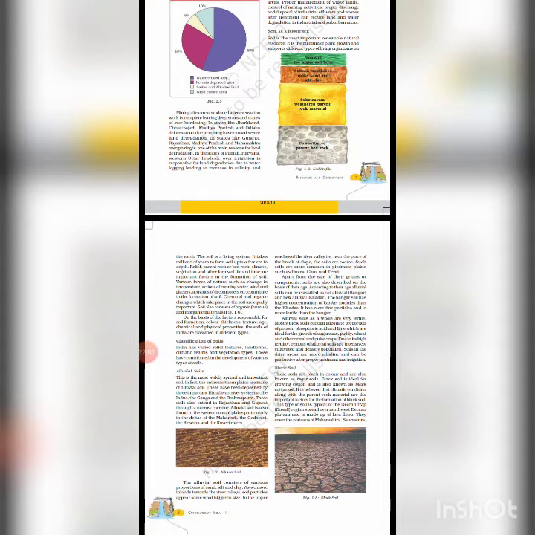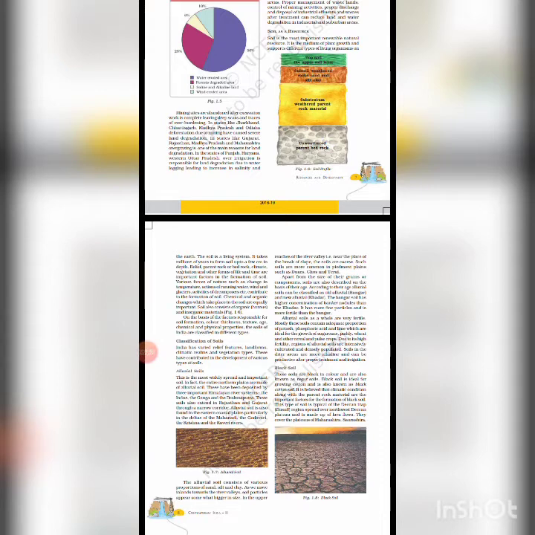The alluvial soil is deposited by three important Himalayan river systems: the Indus, the Ganga, and the Brahmaputra. It is also found in Rajasthan, Gujarat, and eastern coastal plains, particularly in the deltas of the Mahanadi, the Godavari, the Krishna, and the Kaveri rivers.